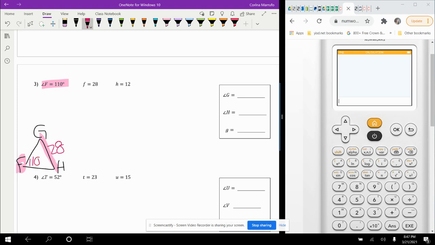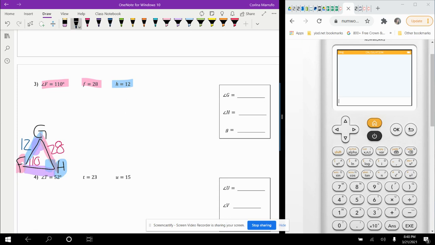And then we have little h. For G, we don't know anything about G. We don't know the angle. We don't know the side. And then we have big H. We don't know what big H is, but we do know little h, which is the side across from it, is 12. And so we're in charge of doing the rest.